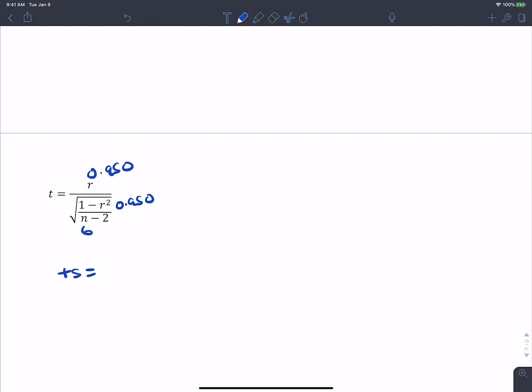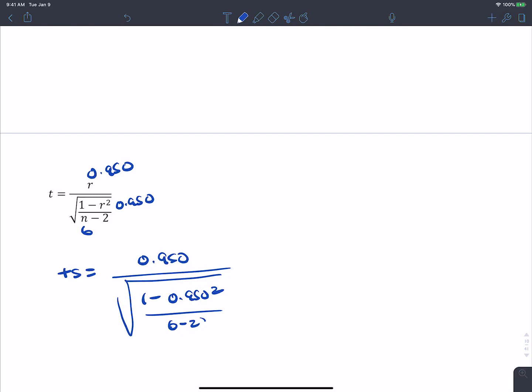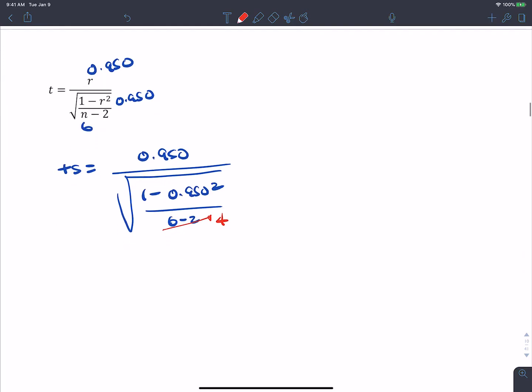So my test statistic is 0.950 divided by square root 1 minus 0.950 squared over, I could put 6 minus 2, but can we put 4? Is that 4? You guys understand what I'm saying? I'm going to put 4 here.